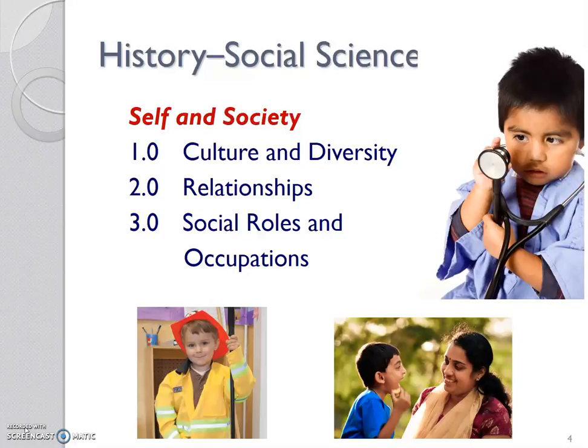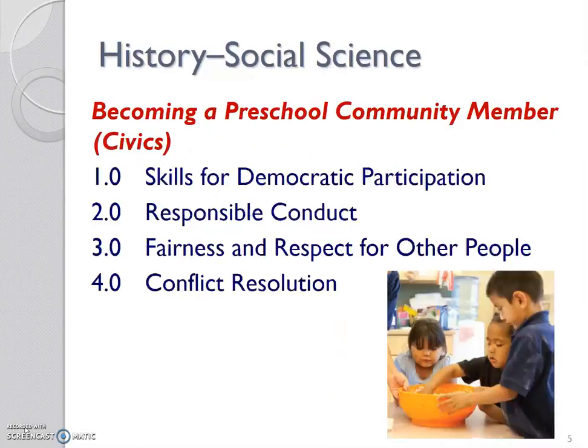So within the first strand, self and society, there are 3 substrands, and these center on culture and diversity, relationships, and social roles and occupations. The next strand is becoming a preschool community member, and this pertains to skills for democratic participation, responsible conduct, fairness and respect for other people, and conflict resolution.